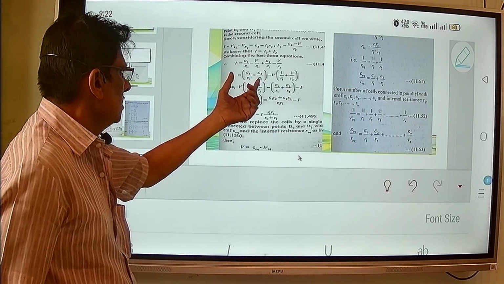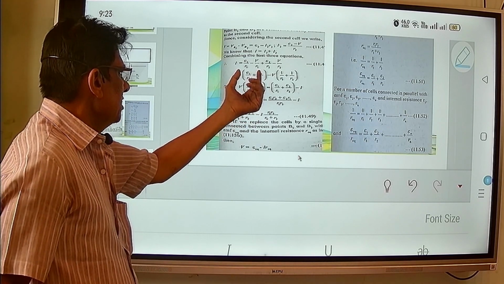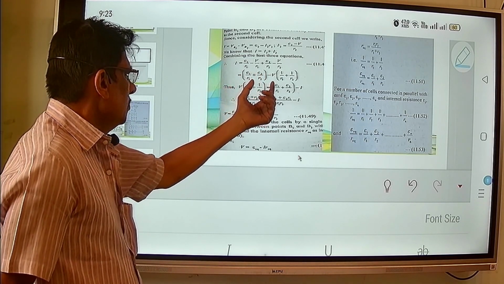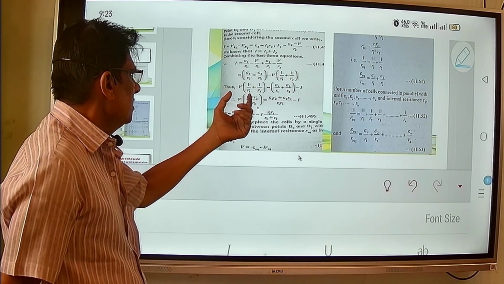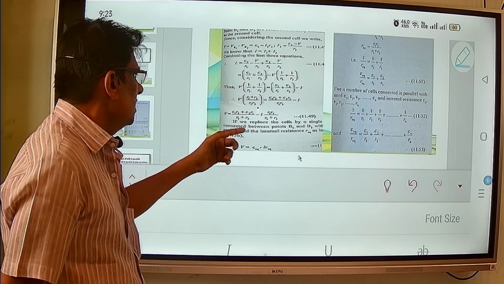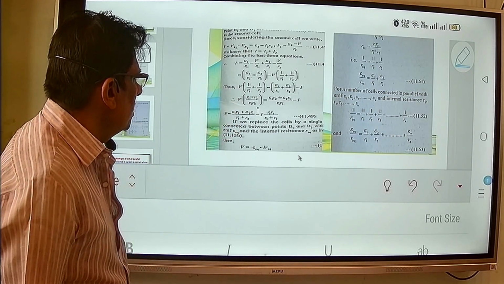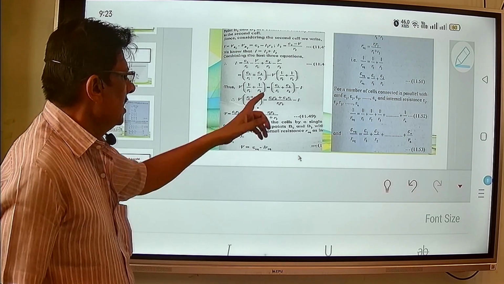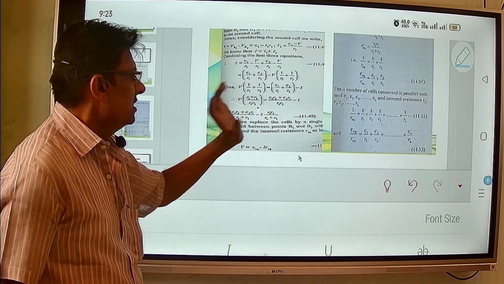Now we rearrange it, taking the E terms in one bracket and the V terms in another. Finally, V times (1 upon R1 plus 1 upon R2) is equal to (E1 upon R1 plus E2 upon R2) minus I.